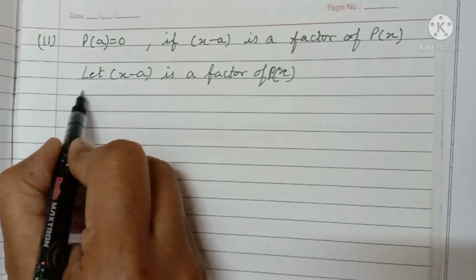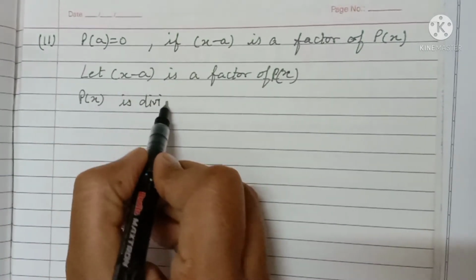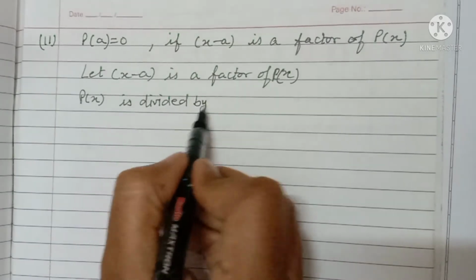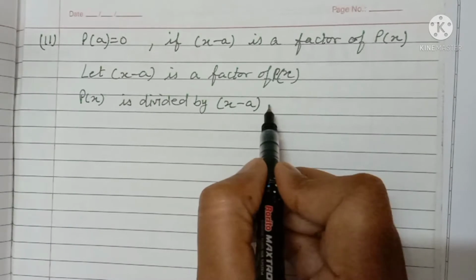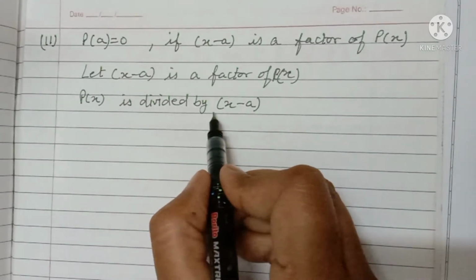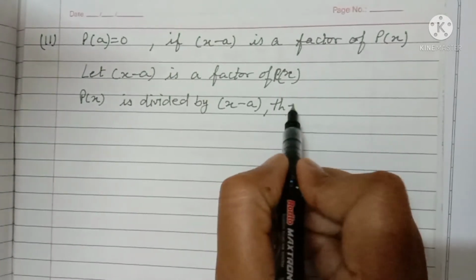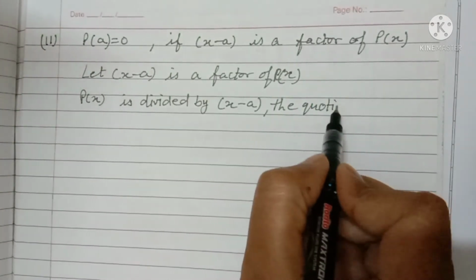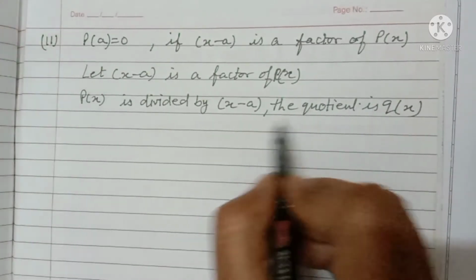So if p(x) is divided by the linear polynomial x minus a, the quotient is, suppose, q(x).